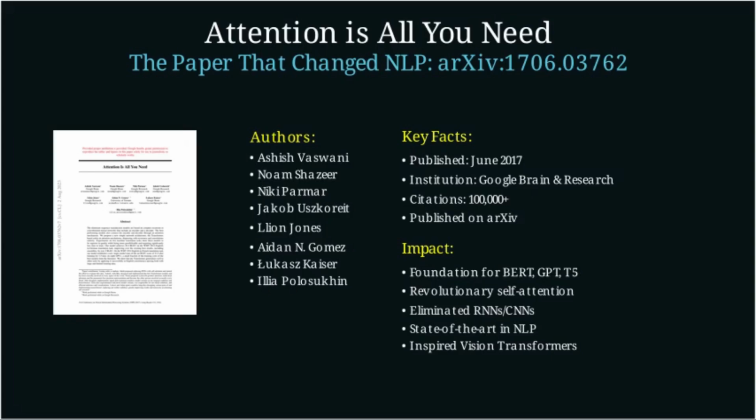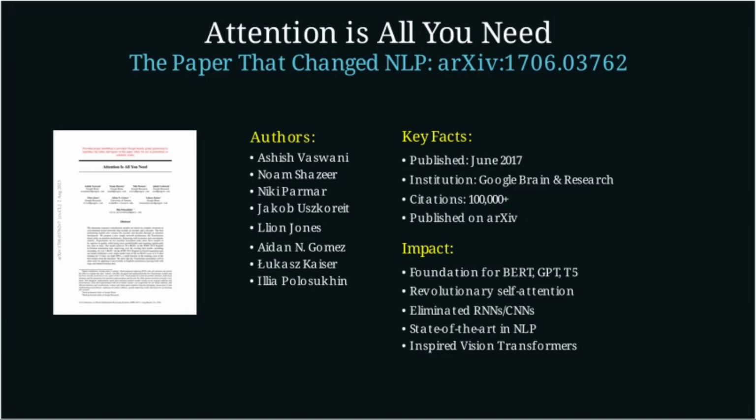This paper has garnered over 100,000 citations, making it one of the most referenced papers in artificial intelligence. The impact of this paper cannot be overstated. It laid the groundwork for revolutionary models like BERT, GPT, and T5.